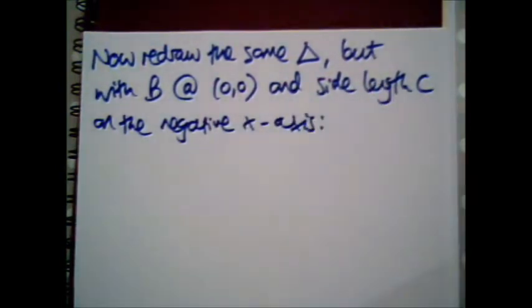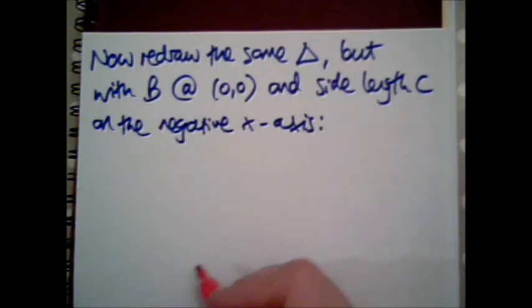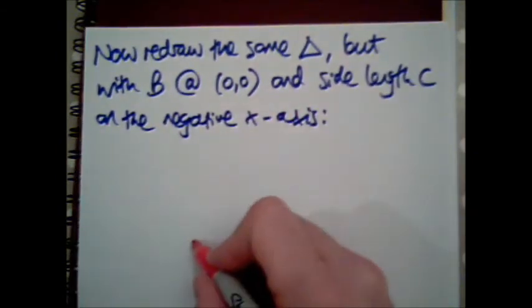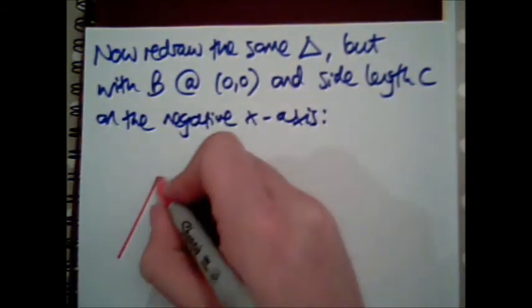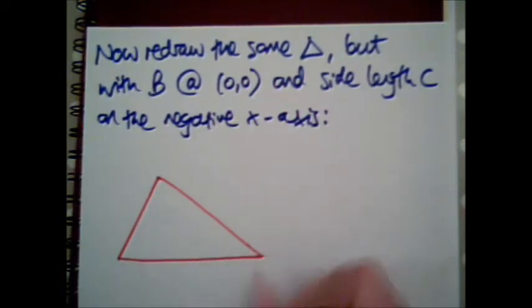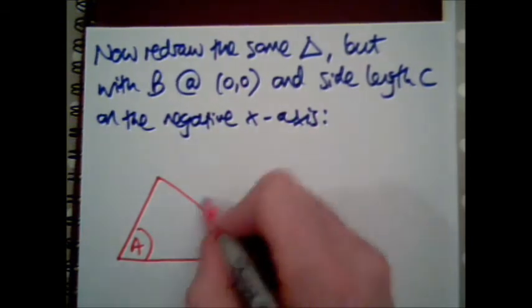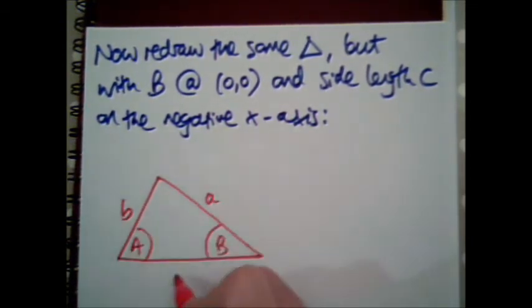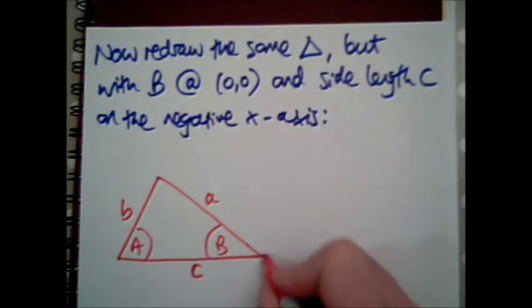Okay, so let's see what that looks like. Let's redraw the same triangle. It looks something like this. So that's A, that's B, this is side length C, but this time this is 0, 0.